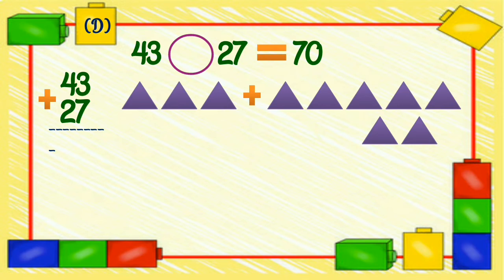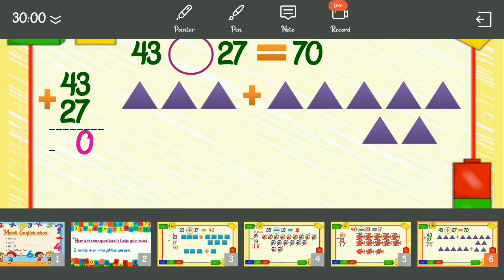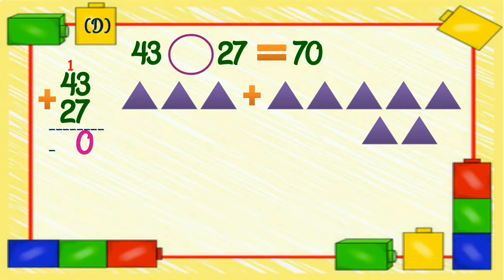So that's why we write a 0 and put the 1 on the 4. Okay, now the other side of the question, the left side. Firstly we take 4 and we add 4 plus 1.